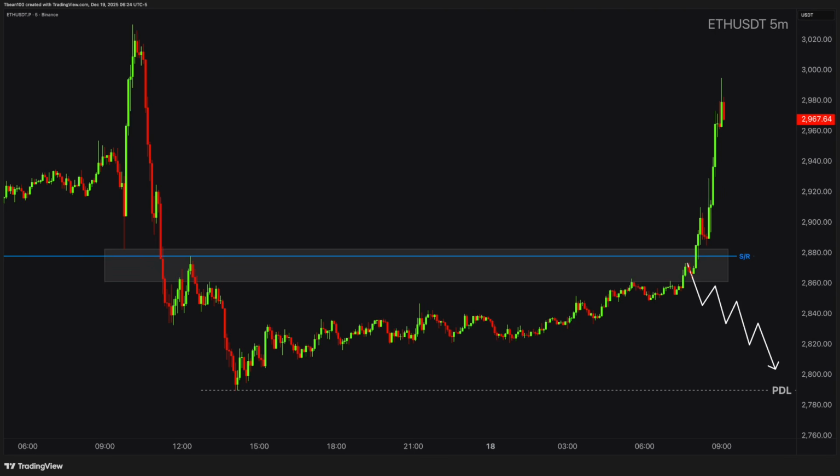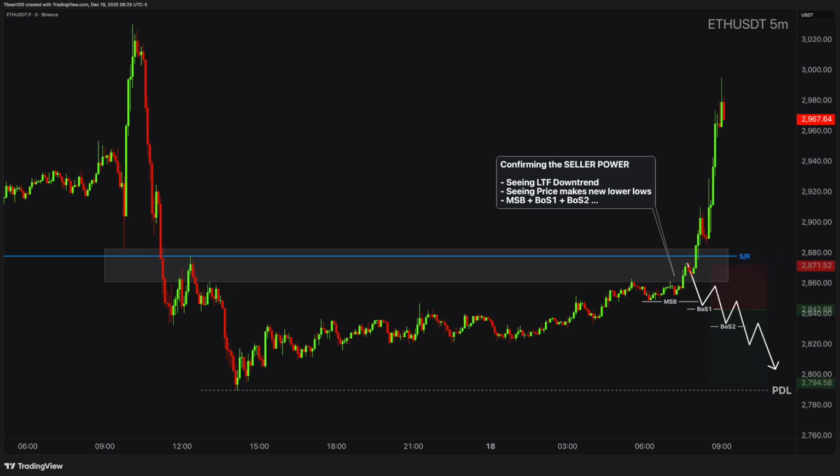In my point of interest area, I should have seen something very different happening. I should have seen a bearish structure clearly forming and moving toward the previous day's low area. For example, I would have wanted to see a clear and strong microstructure break followed by a couple of break of structure moves starting directly from my point of interest area, the POI area.